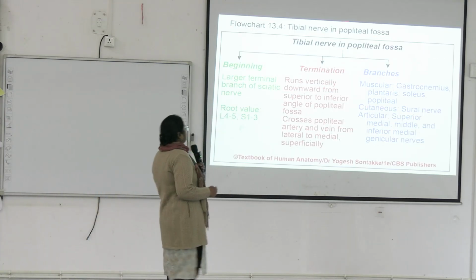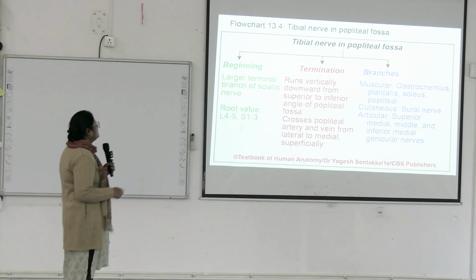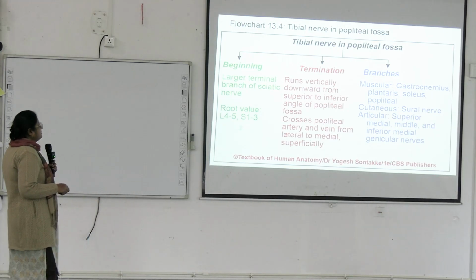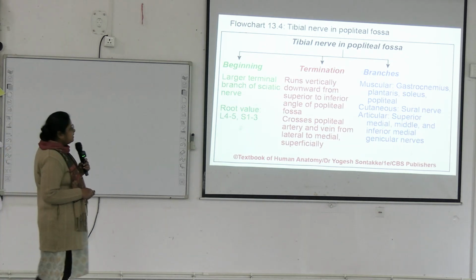So this is the summary of the tibial nerve. Beginning, it is the larger terminal branch of the sciatic nerve. Root value is L4, L5, S1, S2, S3. How does it terminate?